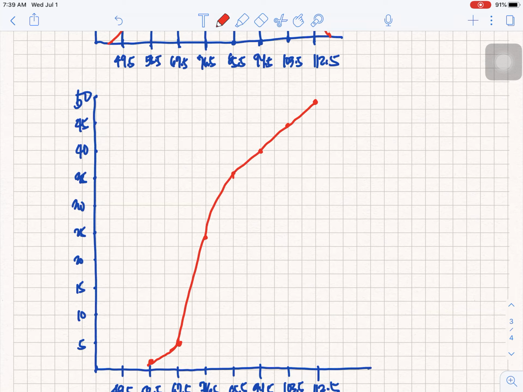Again, here I am going to put my greater than cumulative frequency polygon at the lower class boundary. We have here our 48.